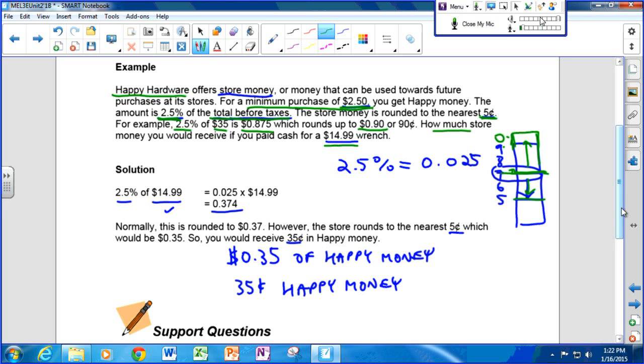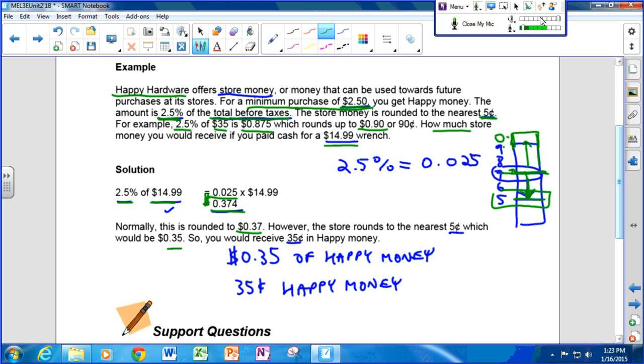Okay. So to work out the example, we have 2.5% of $14.99. Convert that to a decimal. You've done that before, and so we have 0.374, and that's going to be dollars, right? So they're going to round it to the nearest 5 cents. The 7 here is going to go down to the nearest 5, so 37 would be turned into 35.